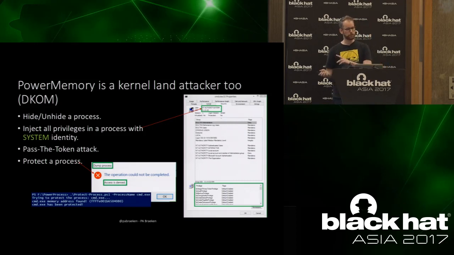You can use pass the token attack and protect a process, which is very interesting because, as Alex Ionescu showed us, it will give you the possibility to dump a process which is actually protected by protecting your process, and then you are at the same level as the other process, and you will be able to dump it.